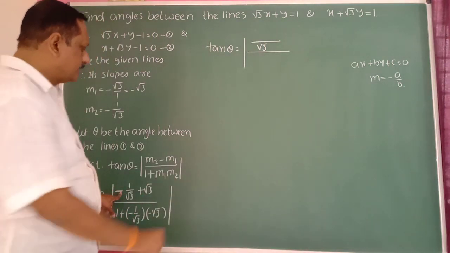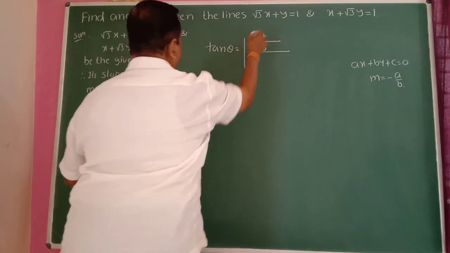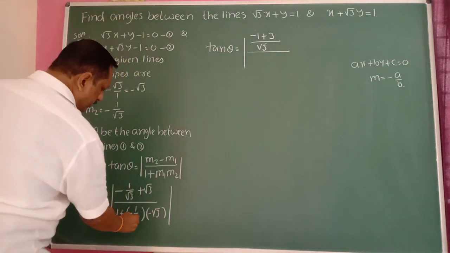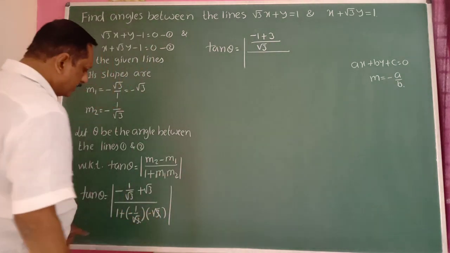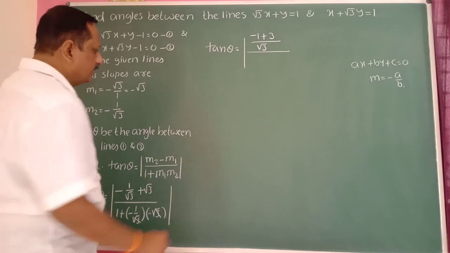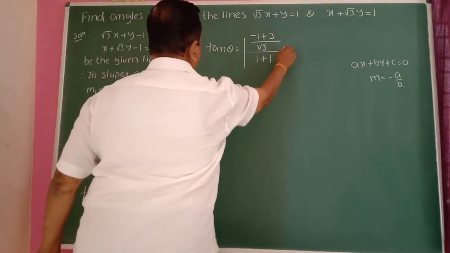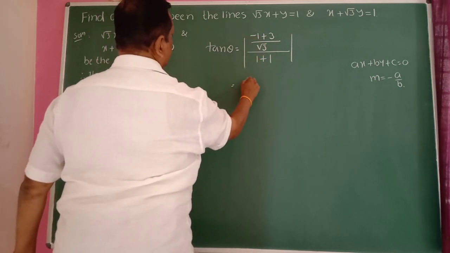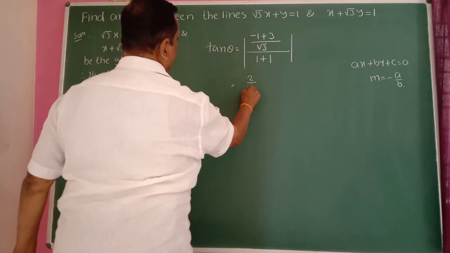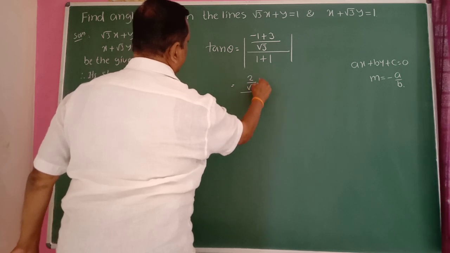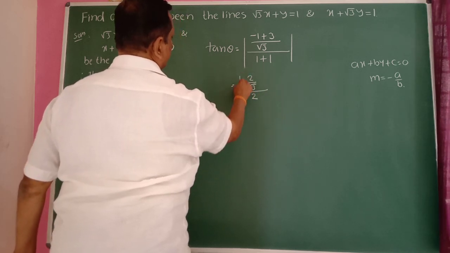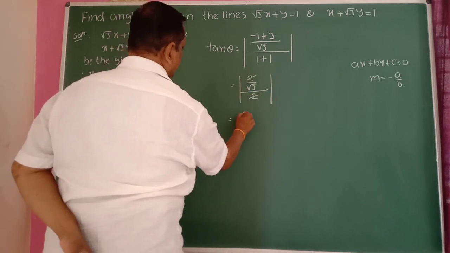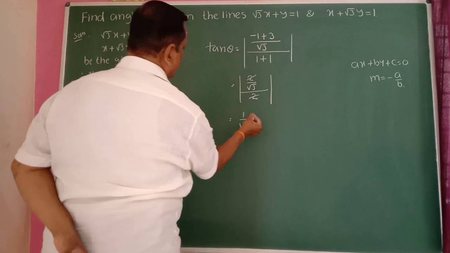Minus 1 as it is, and plus root 3 into root 3 becomes 3 here. In the denominator, this root 3 cancels, minus and minus becomes plus, so 1 plus 1. Then 3 minus 1 becomes 2, divided by root 3, over 1 plus 1 which becomes 2. This 2 and this 2 cancel. Remaining is 1 by root 3.